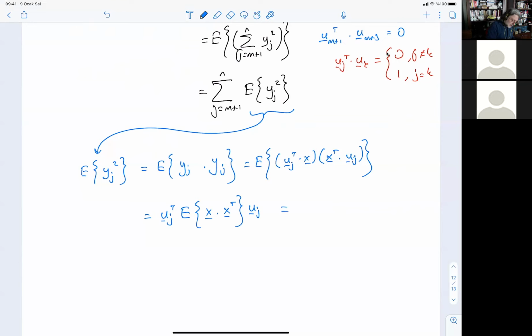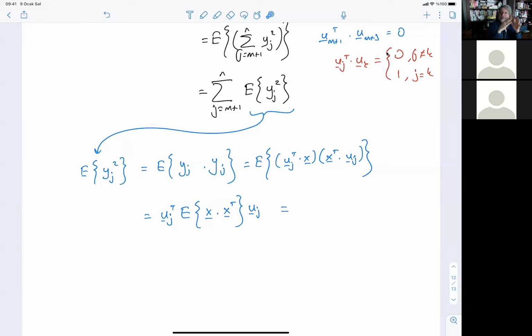Now, when you closely inspect what this is, it contains all the cross terms of the values of x. X is a column vector. X transpose is a row vector. If you multiply a column and a row vector, it will give you an n by n matrix, right? And that n by n matrix's expected value will give you, for example, in the diagonal, the expected value of x1 times x1 and expected value of x2 times x2, which are just zero lag expectations.